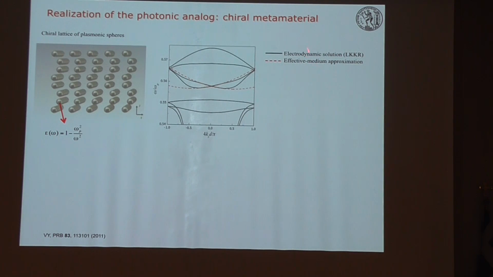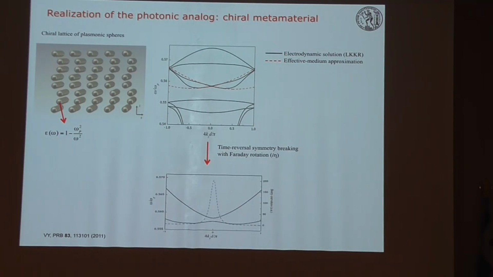This is the rigorous solution, the electrodynamic solution with a layer KKR method. This is the system without the magnetic field. If we induce the magnetic field, which induces a Faraday rotation term in the dielectric tensor, we get this picture for the Berry curvature.